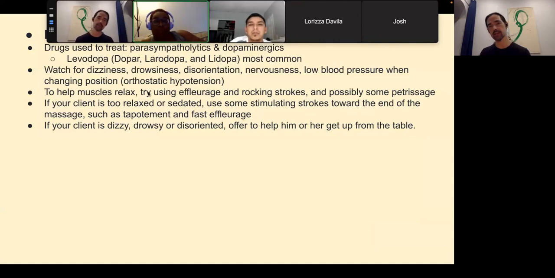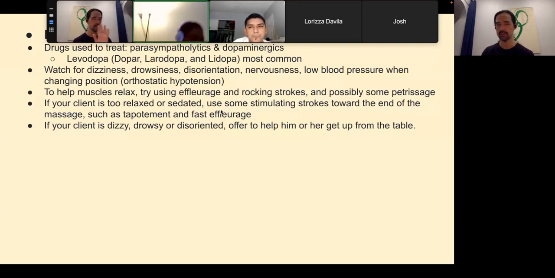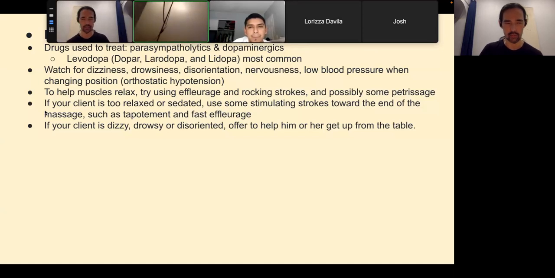To help the muscles relax, try using effleurage and rocking strokes and possibly some petrissage, right? Oh no, actually, no, I'm confused. I'm sorry. I'm thinking of some other disease where we avoid trigger point release and other things. No, I'm sorry.